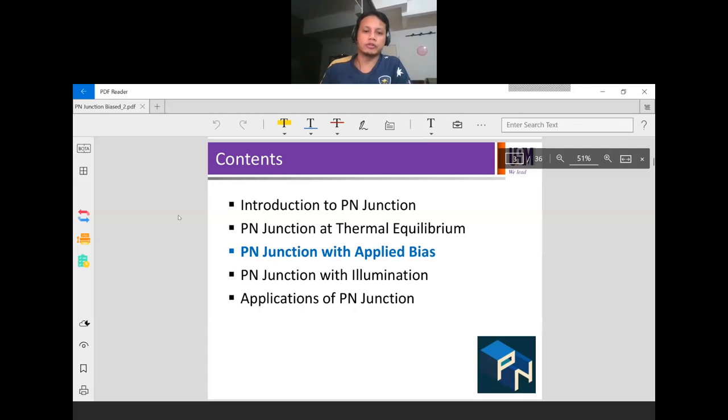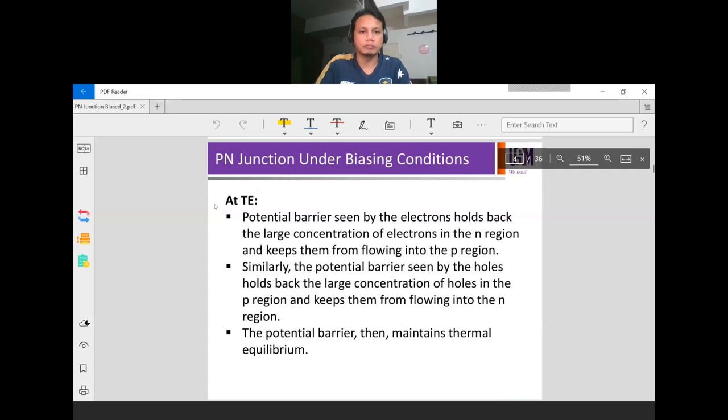Today we're going to talk about PN junction with applied bias, which can be divided into 2 parts, forward bias and reverse bias. And the third one, the moment we finish this, we're going to move on to PN junction under illumination, right? And then we're going to talk a little bit about applications of PN junction.